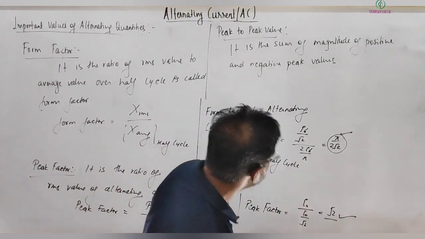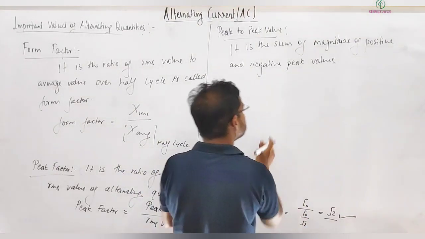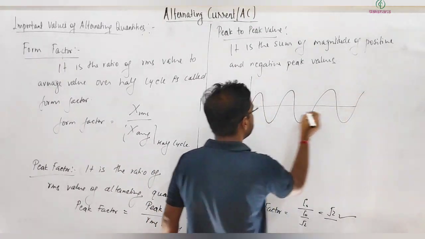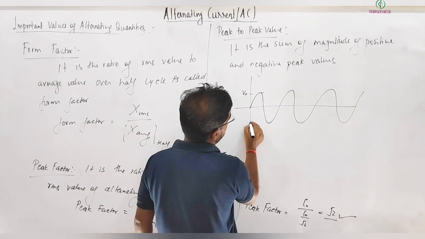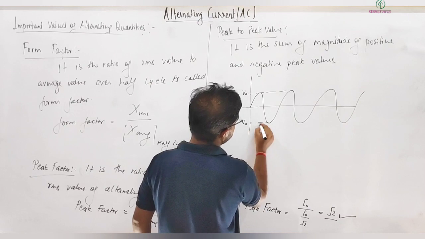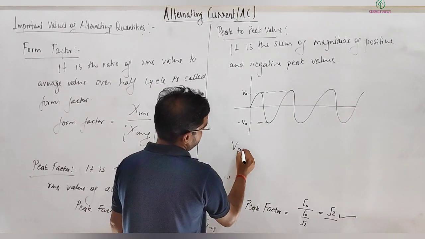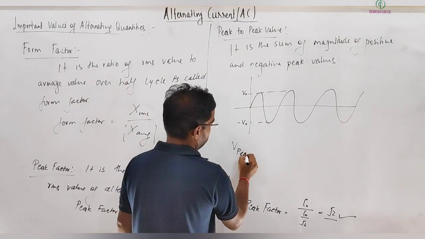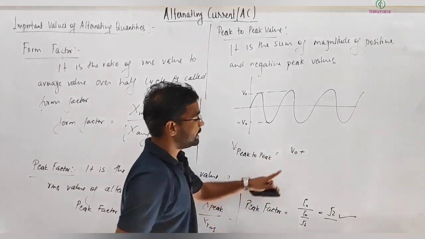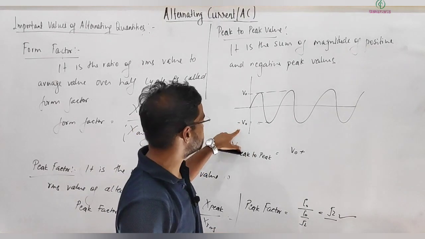So if I talk about peak to peak value of alternating voltage that is sinusoidal, so if this is an alternating voltage and this is V naught and this is minus V naught, then what will be its peak to peak value? You can understand it simply as this difference. So V peak to peak will be equal to V naught plus V naught. Remember, it should not be added with minus sign, it should be just magnitude.